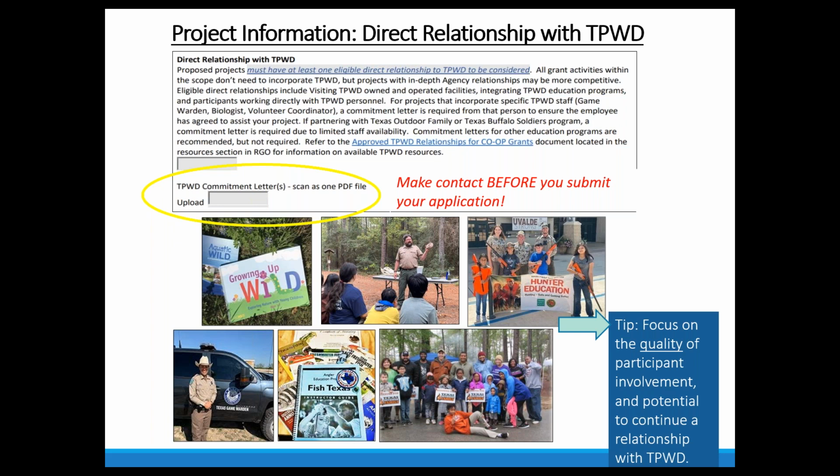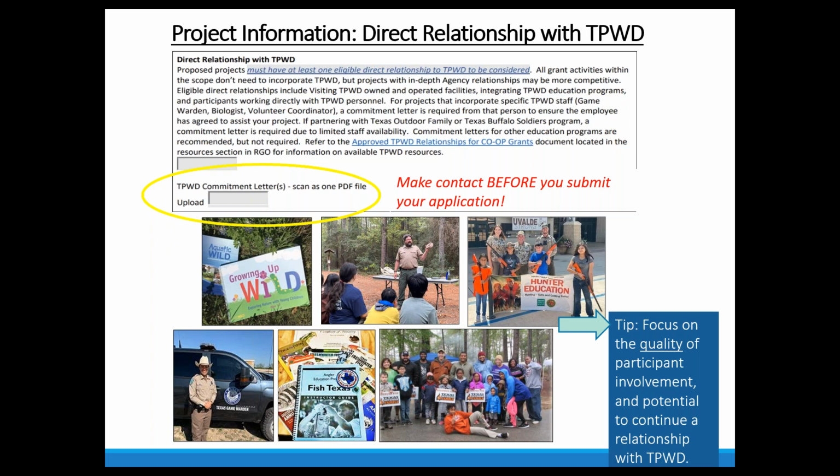Now, some of these programs you could just sign up for online, like Boater Education or Project Wild. But if you are creating a project where your expectation is you're going to be working directly with a TPWD staff member, like one of our game wardens or urban biologists, if you are partnering with our Texas Outdoor Family Program, or if you're working with one of our programs to come directly to your site, we do recommend that you upload a commitment letter.